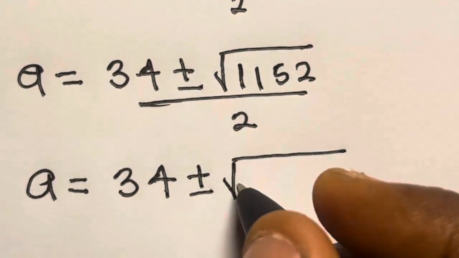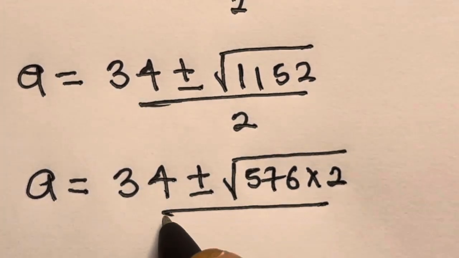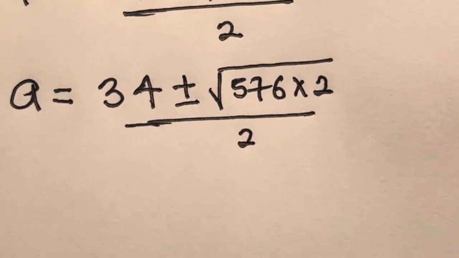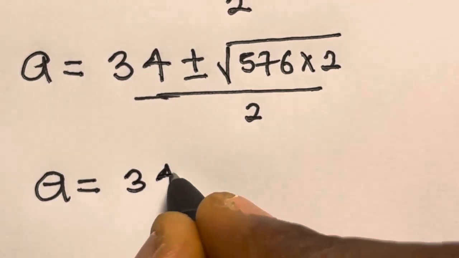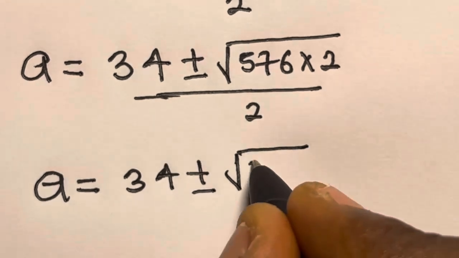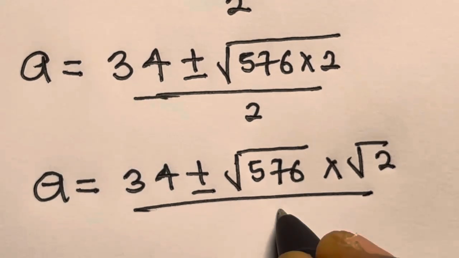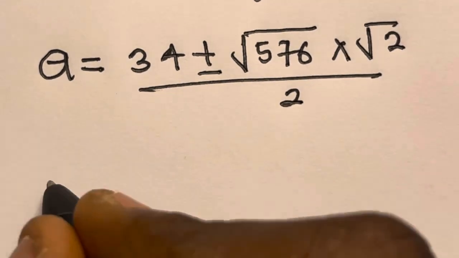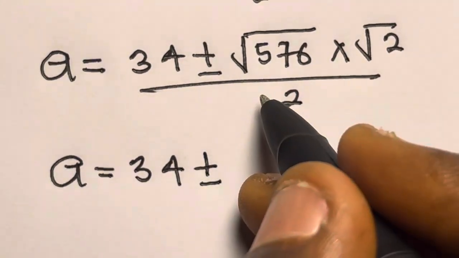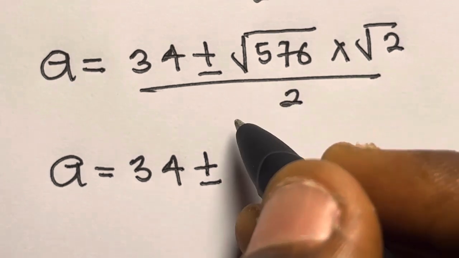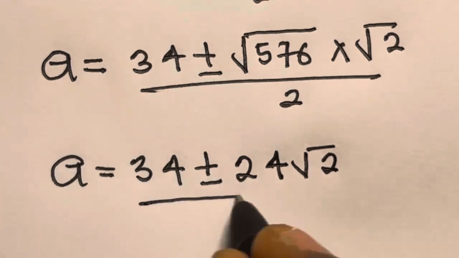We can express 1152 as 576 times 2. So a equals 34 plus or minus square root of 576 times square root of 2, divided by 2. The square root of 576 gives us 24, so we have 24 root 2 divided by 2.